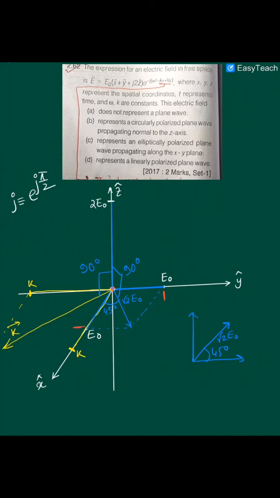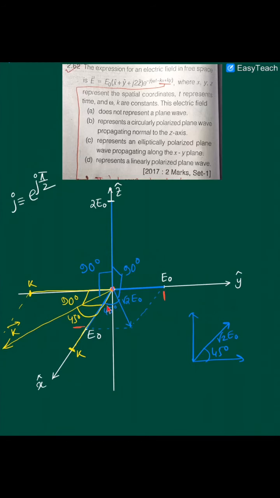because your k vector is also in the xy plane, and at the same time if you consider this propagation vector, since the x component and y component are the same, for this propagation vector also this angle is 90 degree and this angle is 45 degree. Okay, so what is the angle between this propagation vector and this resultant electric field vector on the xy plane?